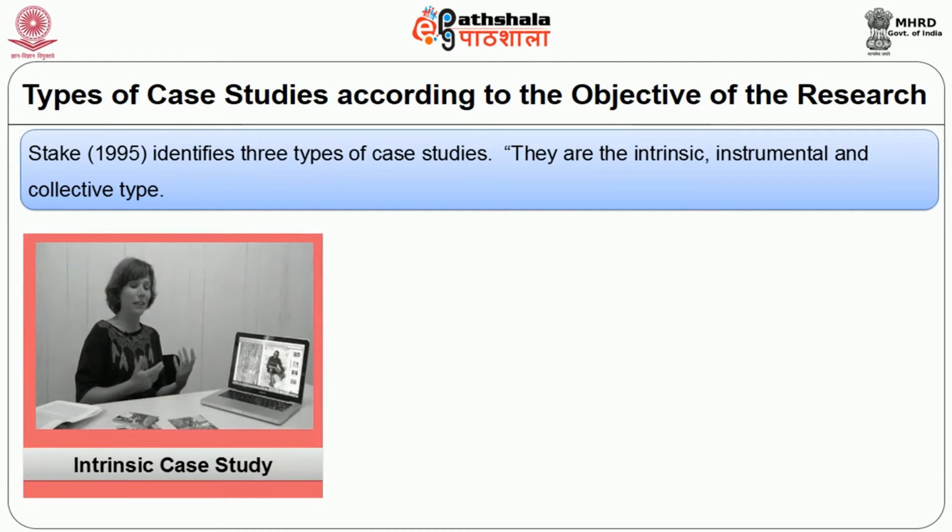Intrinsic case studies are aimed at understanding a particular case because the case itself is of interest. Example, how one person managed a stroke. A case may be of interest because it has particular features or because it is ordinary.